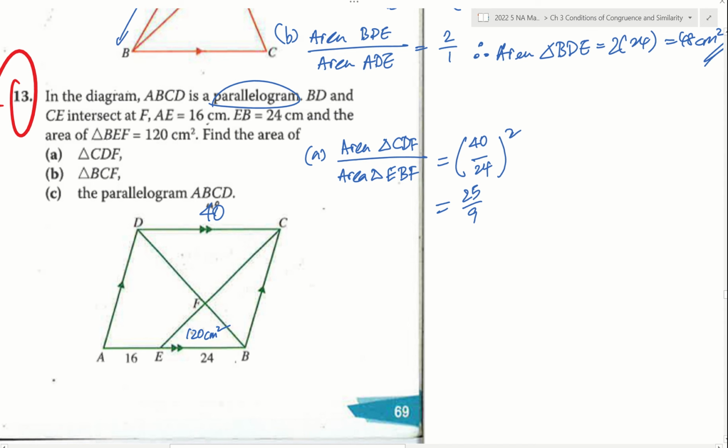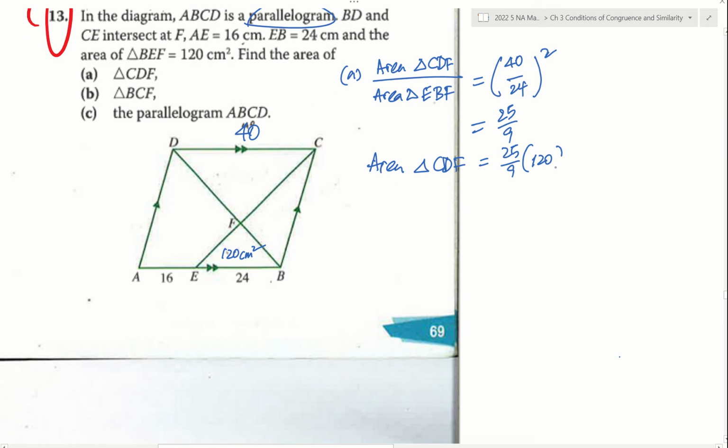So area CDF will be 25 over 9 times area EBF. So EBF is given to be 120. So, no, isn't it 200? Wrong, eh? CDF.